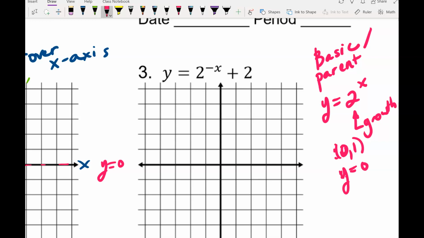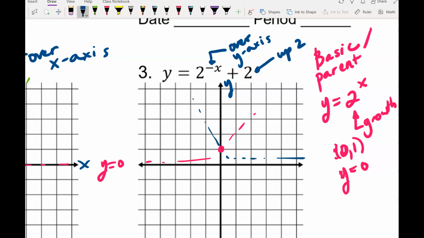And so I plot that, but now I need to see how the function's been transformed. The negative will reflect this over the y-axis since it's with the exponent, and the plus 2 means it's going to move it up 2. So all these points are going to get reflected in this manner, and then we need to go up 2, 1, 2.